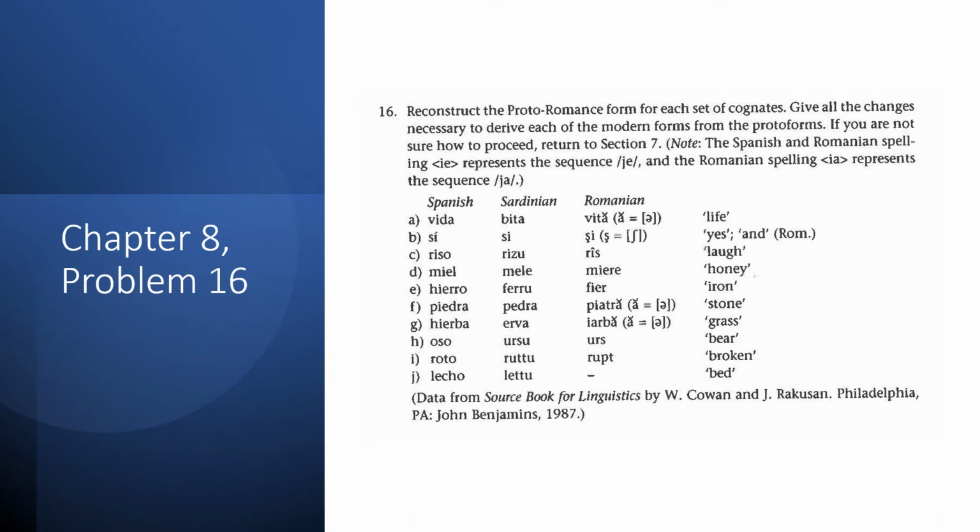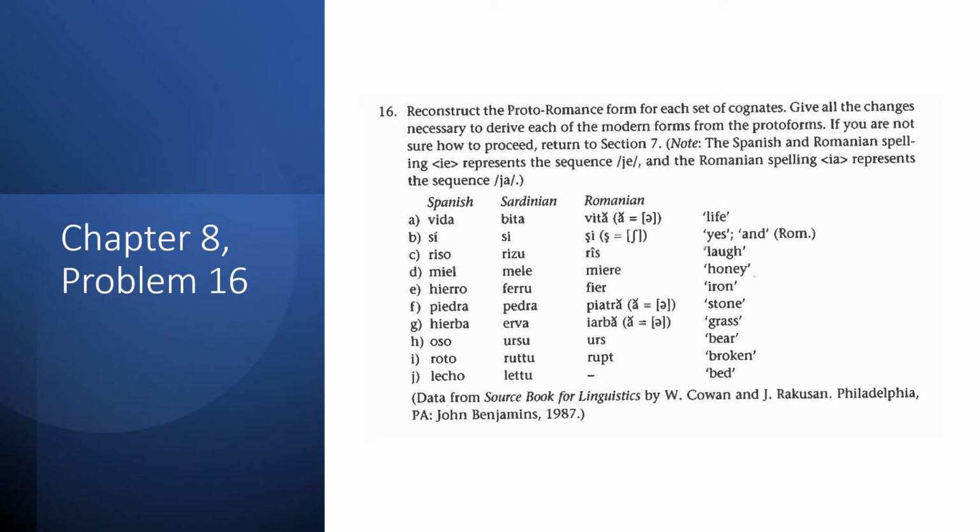In this case, we know from linguistic study that we call that language Proto-Romance. It is the proto-language of modern Romance languages. And so our job here is to figure out, well, what is most likely to have been the protoform for each of these groups of words, okay?